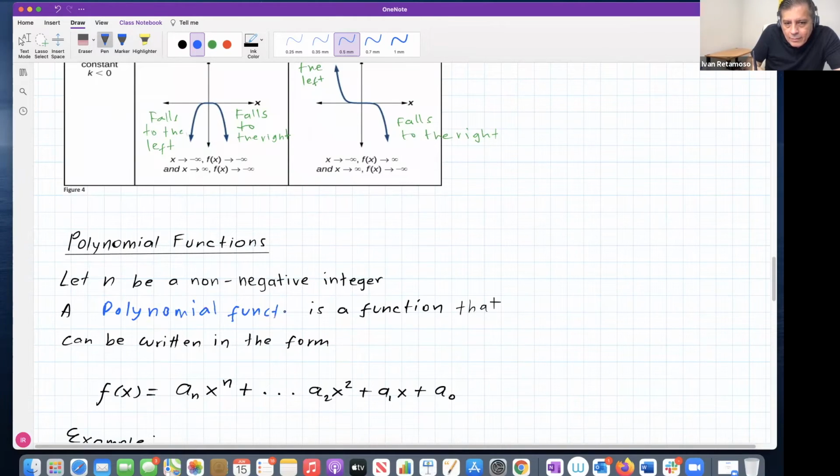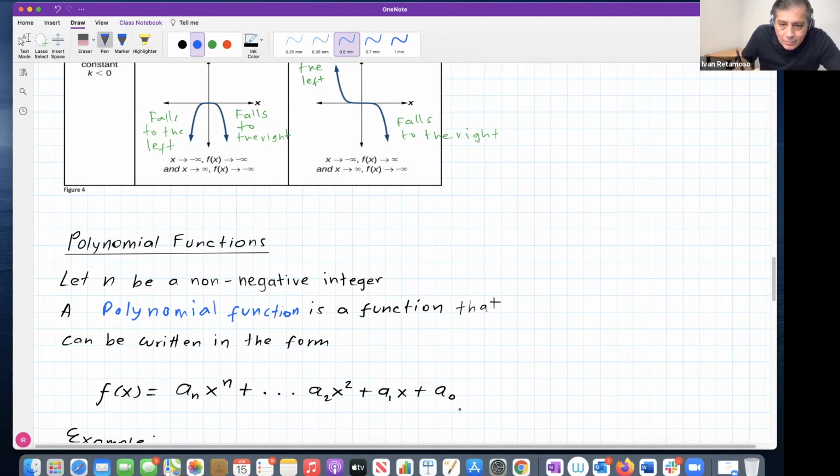is a function that can be written in the form of a polynomial. F of x equals some number multiplying x raised to n, and then you will get more terms here. Eventually, you will get to a number multiplying x squared, another number multiplying x, and then your constant term. This is how mathematicians represent polynomials in general.